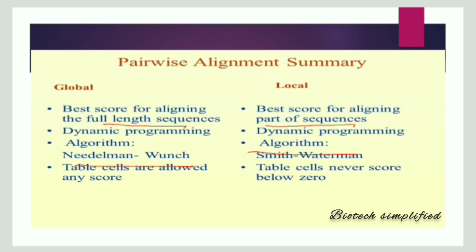The table cells can be given any score in global alignment, whereas in local alignment, the table cells are never given a score below 0. So these are the basic differences between global and local alignment. Global and local alignment are types of pairwise alignments.